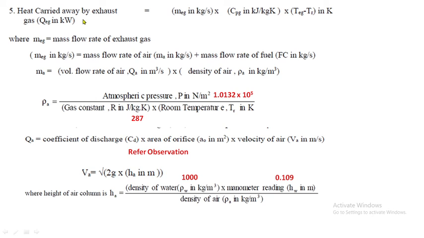We can calculate the quantity of heat carried away by the exhaust gas in kilowatt. Next we have to check the unaccounted loss. We know the fuel power; by combustion we produced some power.